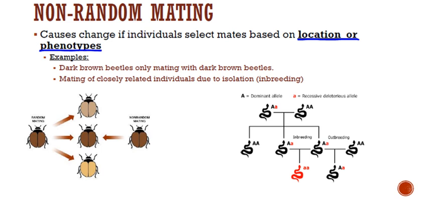In terms of like bigger bucks, may fend off smaller males and kind of get the doe's attention. So it could be a behavior thing. Dark brown beetles only mate with dark brown beetles. Isolation, there could be inbreeding among a population. But the key thing is, it's not random. It's basically who's in the area and then who's attracting attention.